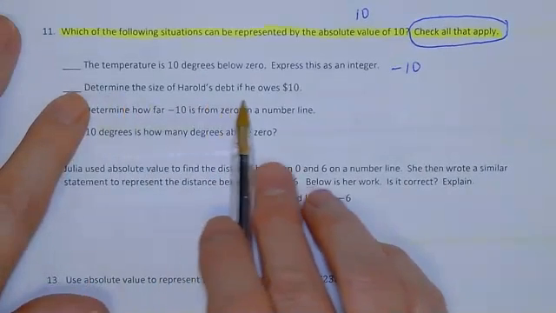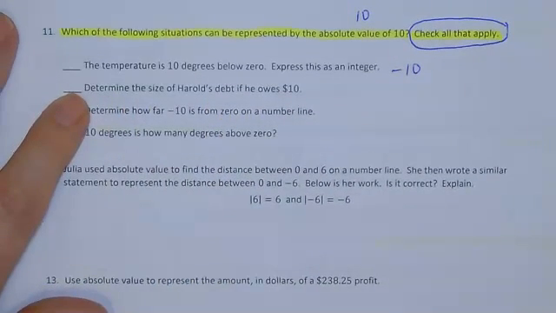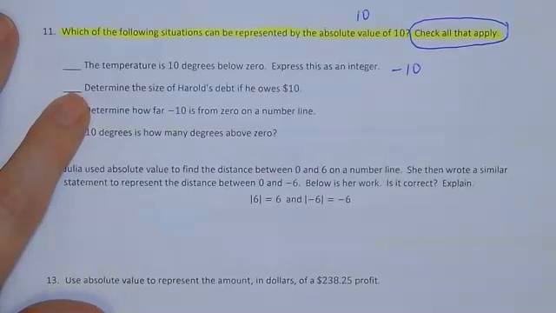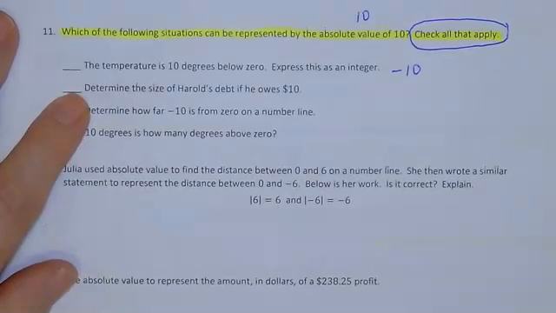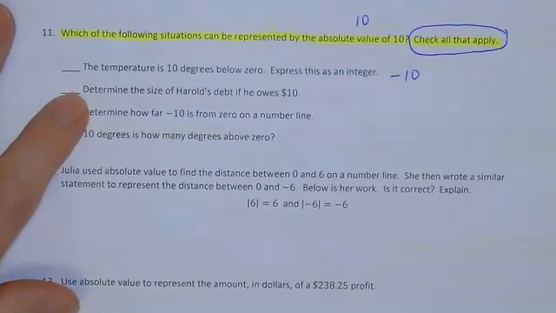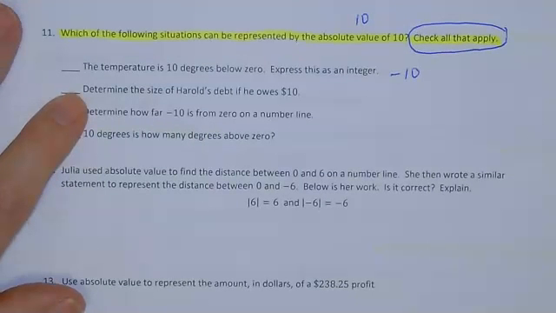Determine the size of Harold's debt if he owes $10. What's his debt? Ashlyn, how much does he owe? He doesn't owe negative. Those are 2 negatives. How much does he owe? Bella?